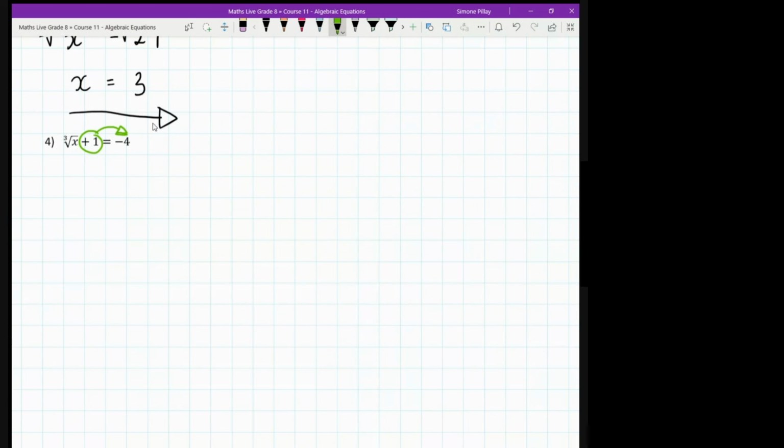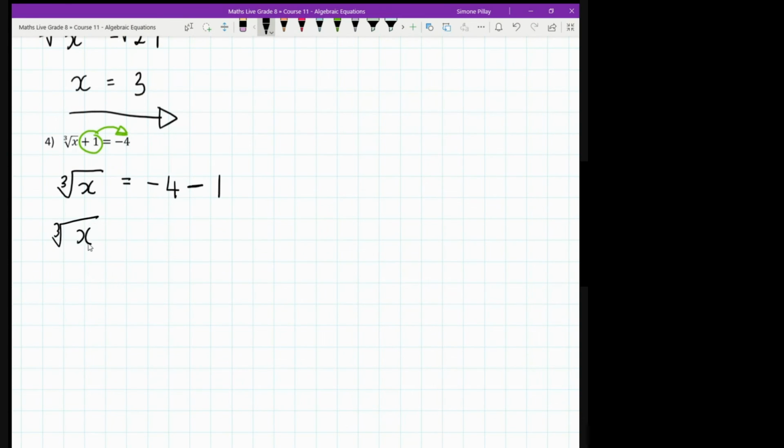Okay. Same format. All of these questions are in the same format. We have this loose term. First thing we want to move. Cube root x equals -4. I transpose the 1. When I do that, we have a sign change.